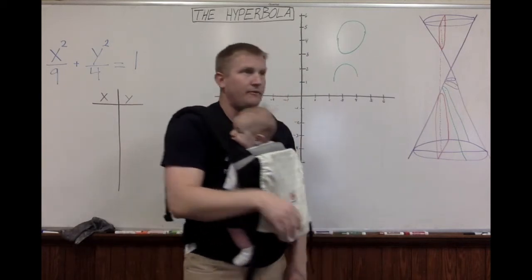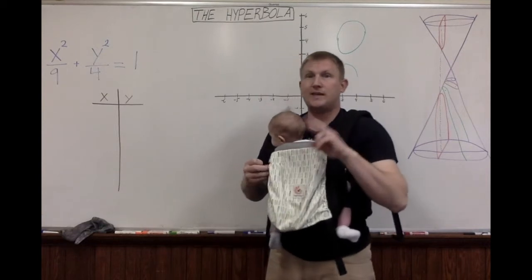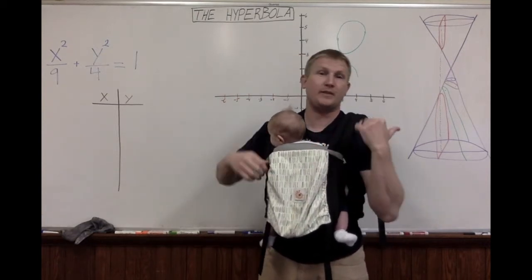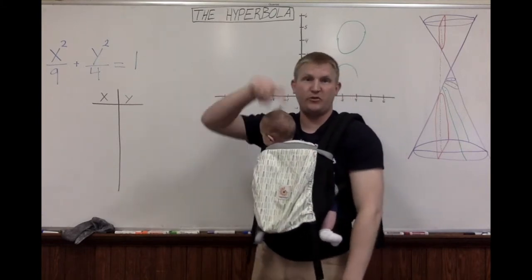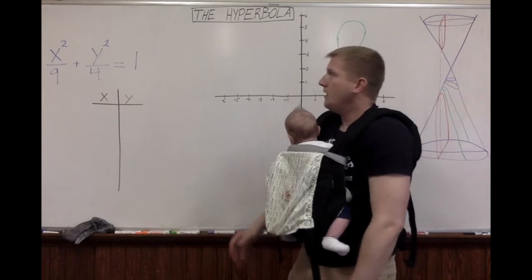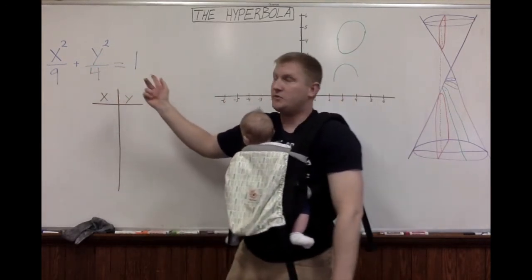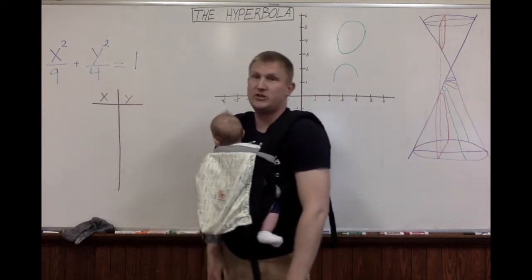That's how we kind of came to discover that for the equation of the circle, both x and y are going to have to be squared because it's curvy in all directions, unlike the parabola where only one of the terms is squared because it's only curvy kind of in one direction. So the hyperbola is going to be curvy in all directions, so we're definitely going to have x squared and y squared. Changing these numbers is not going to change anything.